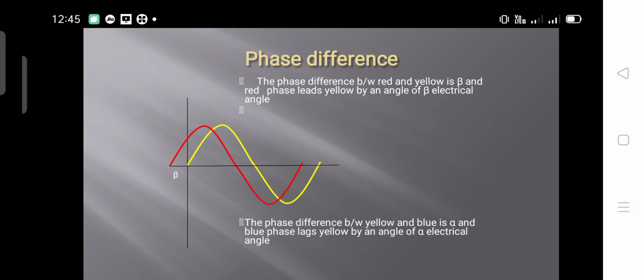So leading or lagging is always said with respect to the reference. Similarly, the blue waveform is going to originate after a time delay of alpha from the yellow one. In the next video, I would like to explain the difference between the mechanical angle and the electrical angle.